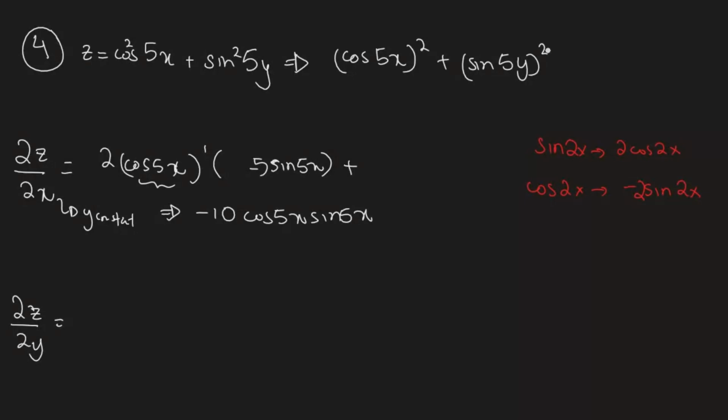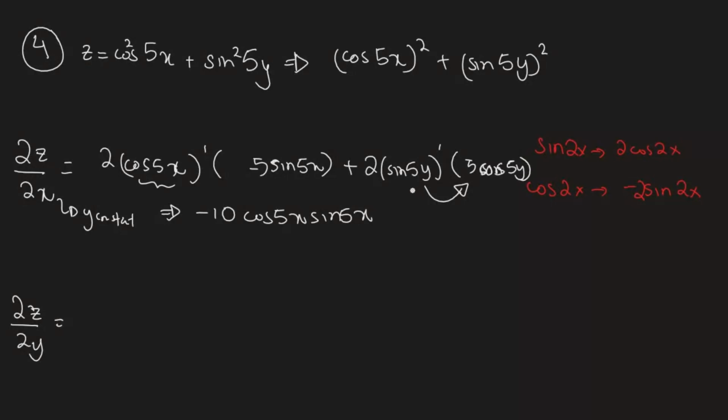Then the 2 goes down, and this stays the same. And what's 2 minus 1? That's 1. And now times the partial derivative of the inside function, and this is sine of 5y. Here, do not write that the derivative of sine y is cosine y, so you would write 5 cosine of 5y.